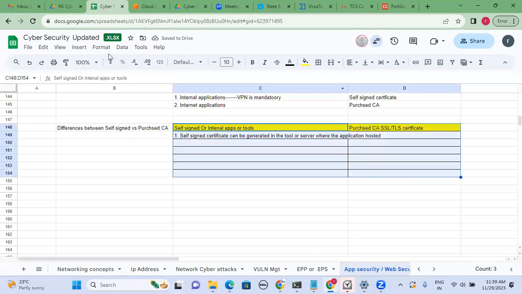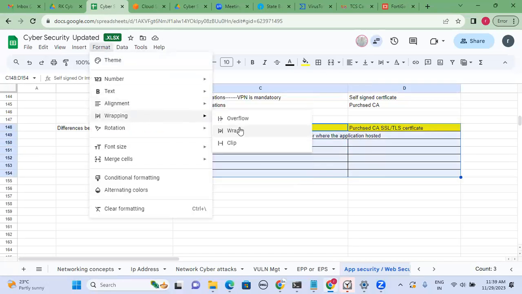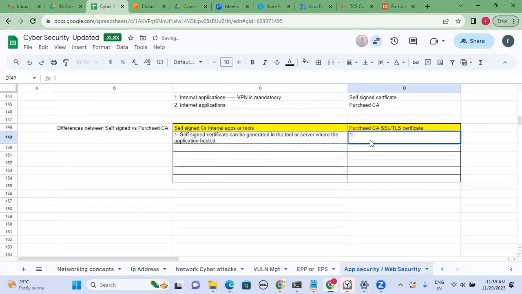Then what about purchased, where we have to purchase from a third party? We have to purchase the certificate from a certificate authority, CA. Where will you purchase the certificate? The answer is the certificate authority.